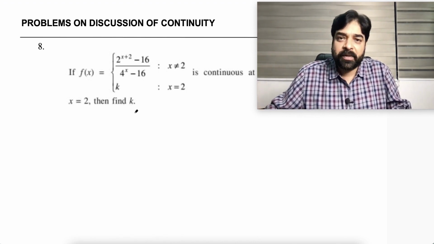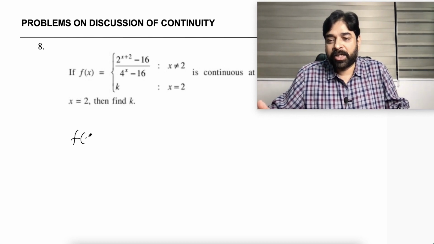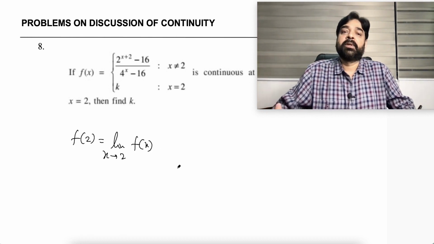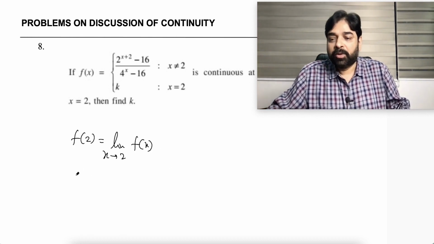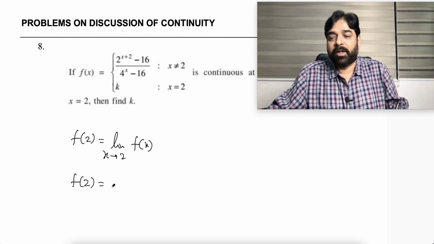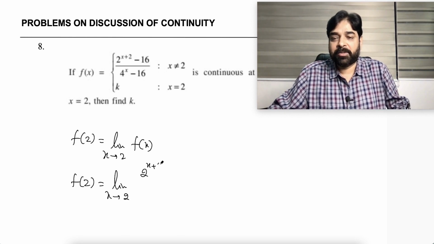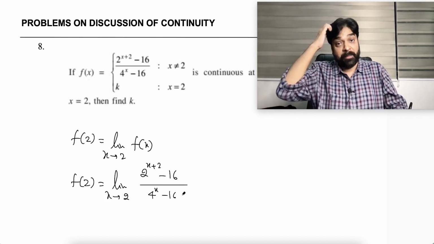So if it's continuous at 2, directly we can use the logic. f(2) will be equal to limit x approaches 2 of f(x). Yes or no? So f(2) will be equal to limit x approaches 2 of (2 power x plus 2 minus 16) divided by (4 power x minus 16). I hope everybody is able to understand.